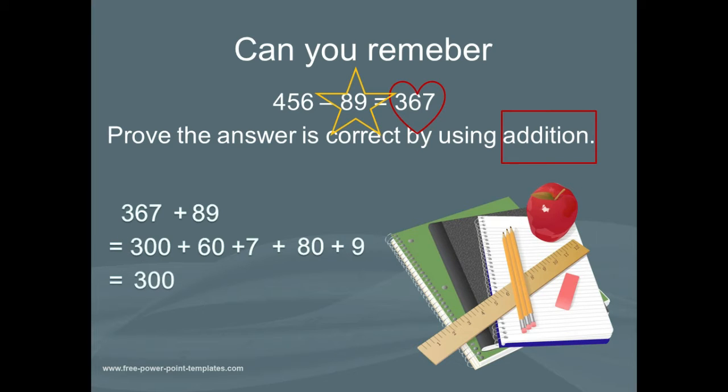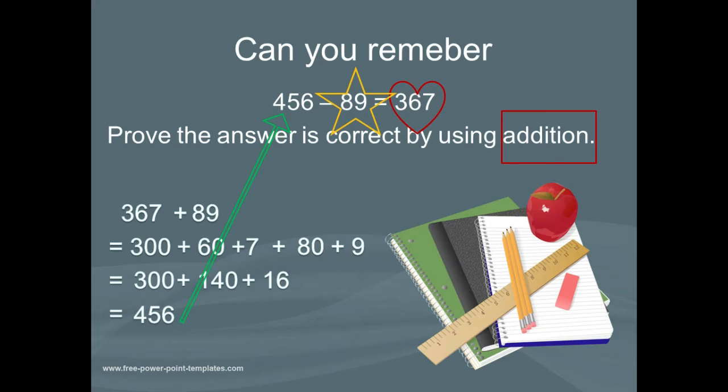Then I add my 60 and my 80 because those are my tens, and that gives an answer of 140. The ones remaining are the 7 and the 9, and that gives me 16. When I add all these numbers together, I get an answer of 456, and you will see that is exactly the same number that was in front.